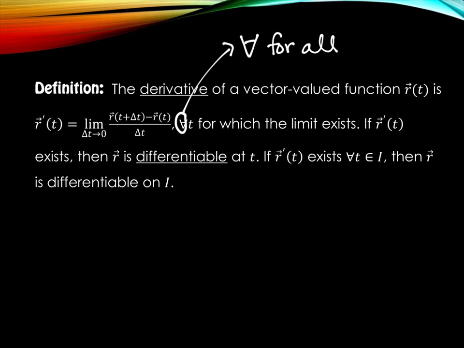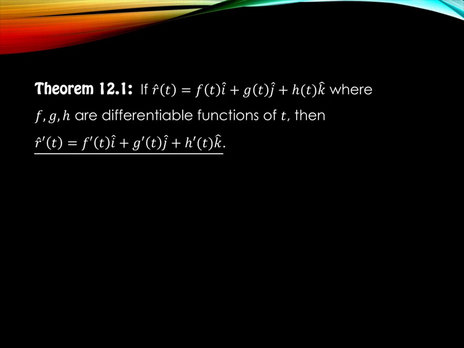Okay, so in particular, if we have r of t equal to f of t i plus g of t j plus h of t k, where f, g, and h are differentiable functions of t, then the derivative vector, r prime, is going to be the derivative of each of the functions at those i, j, k components.